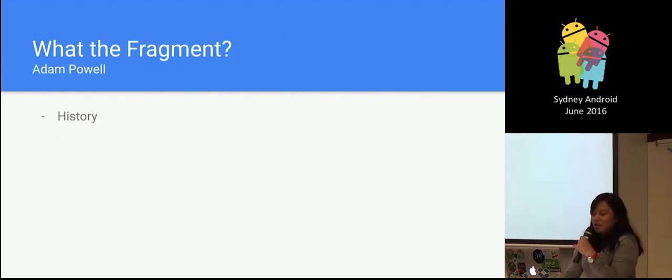Right. Next talk that was really interesting for me is What the Fragment by Adam Powell. Adam works on the UI Toolkit team, and he gave a great history of how fragments came about and what their thinking was behind introducing fragments.